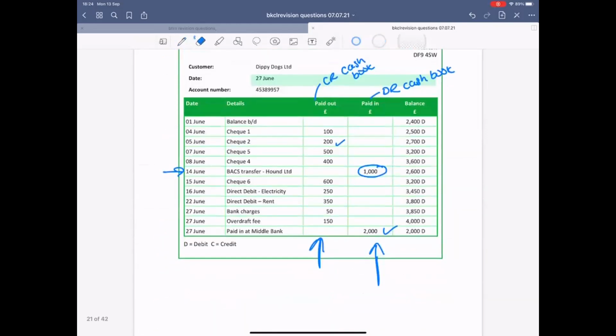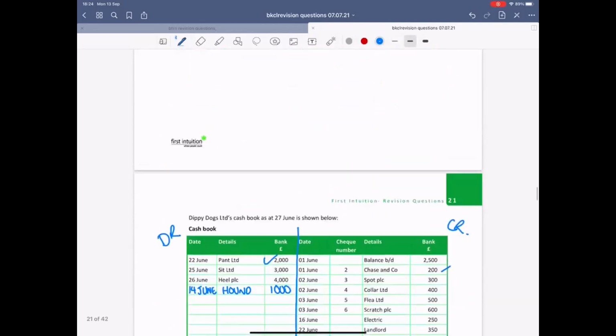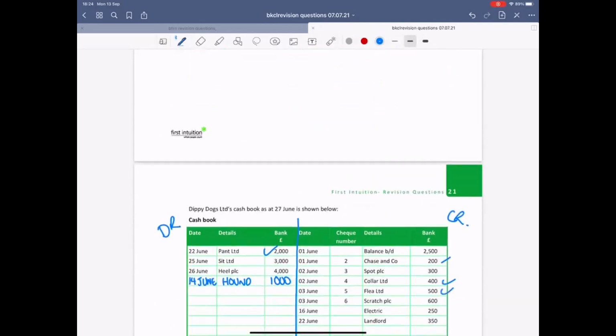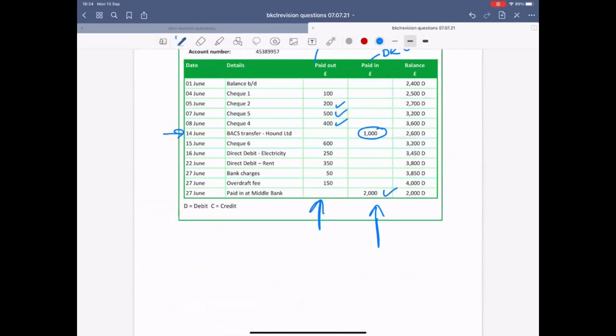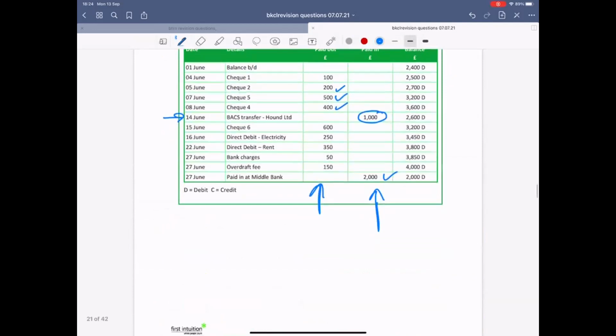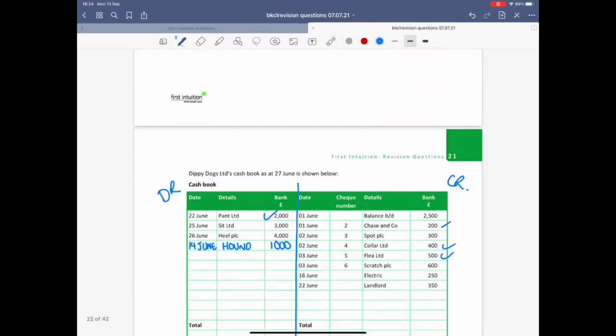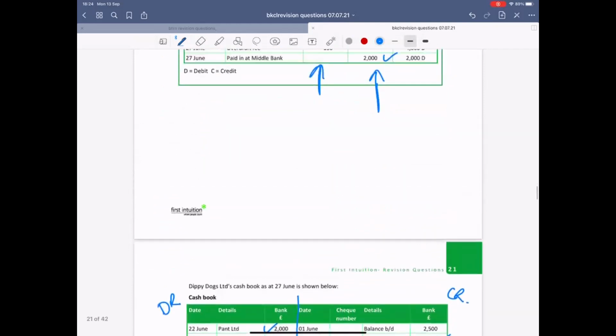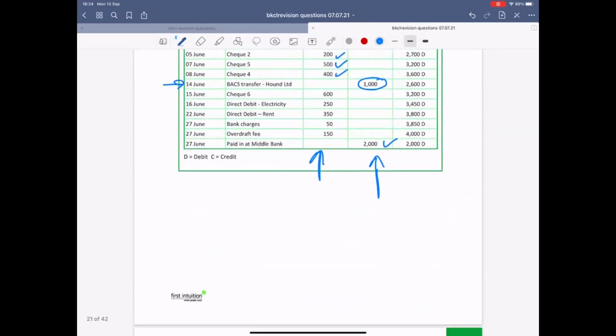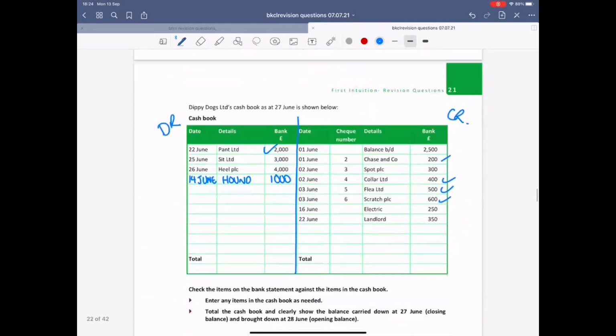We've got check number 4, that 400, check number 5. We've got that in there. Check number 6 for 600, we've got that in there. We can see electricity for 250 and rent for 350. We've got those in there.